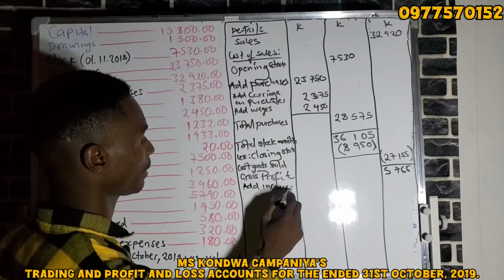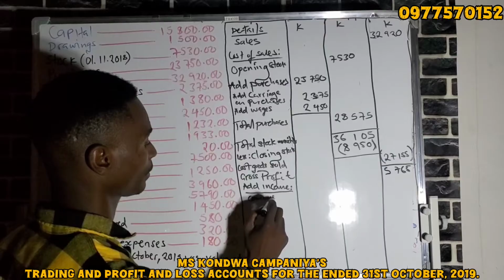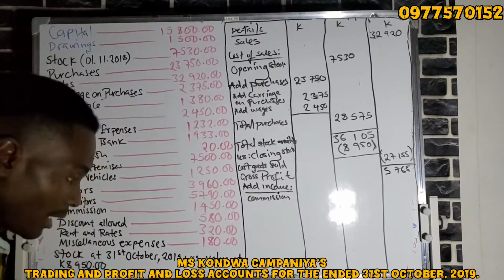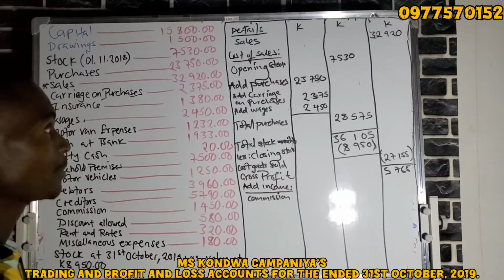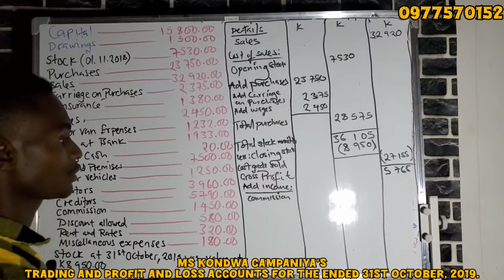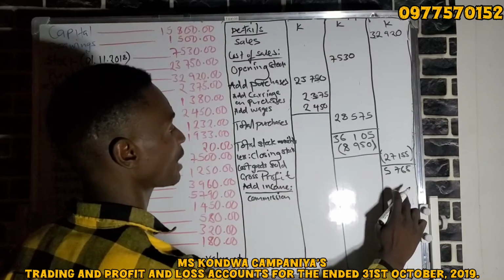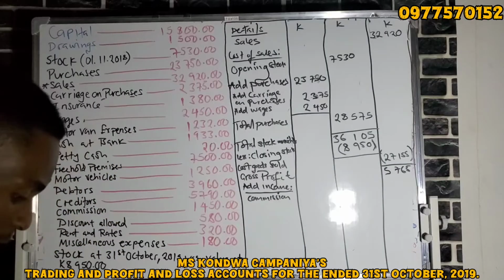We have commission. Since we only have one income, commission will go directly to the last column and be added to the gross profit.